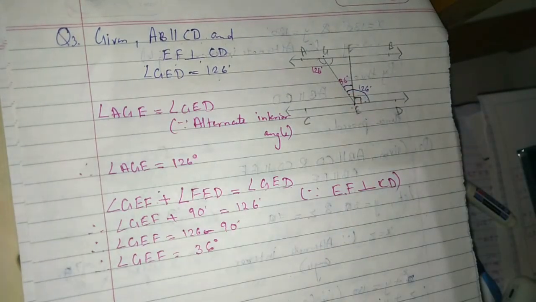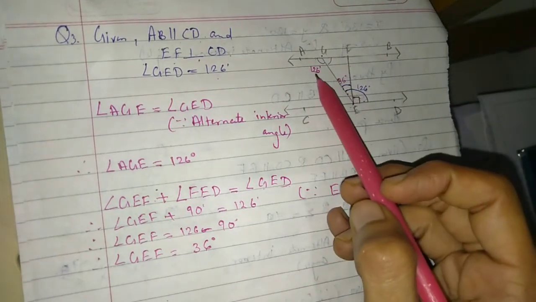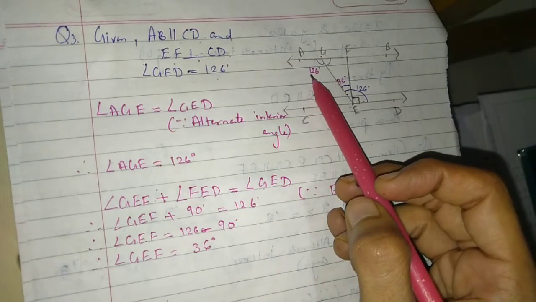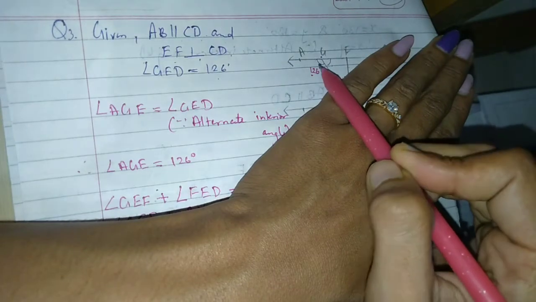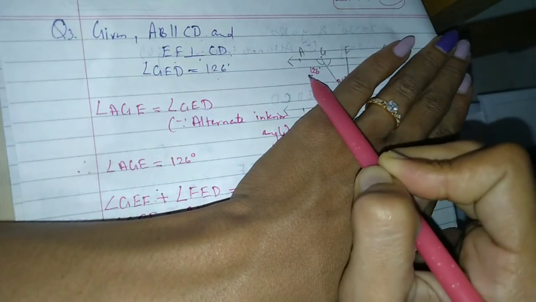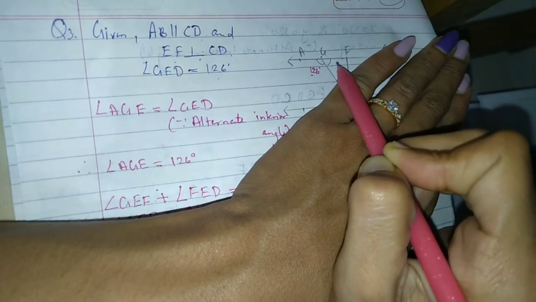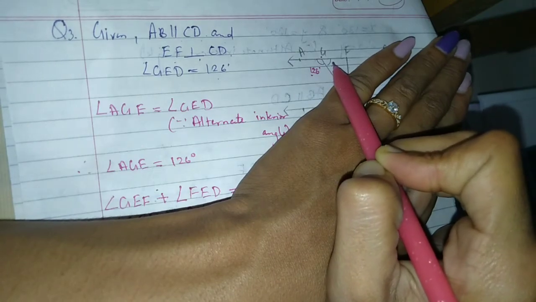Now if we have this 126, okay, we can find this. Why? Because it is linear pair. So 126 plus this angle is equal to 180.